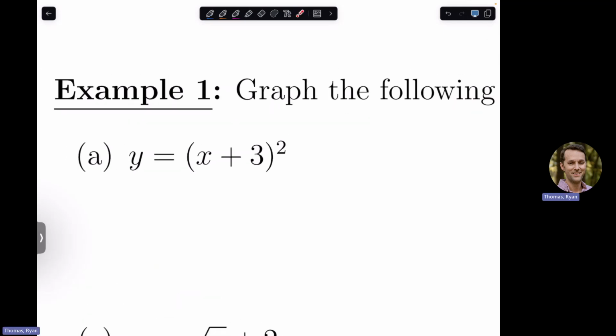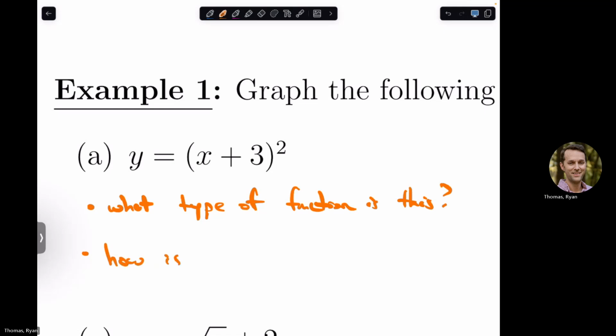So when I look at something like this, I want to be able to identify two things. What type of function is this? And how is it different than the parent function?